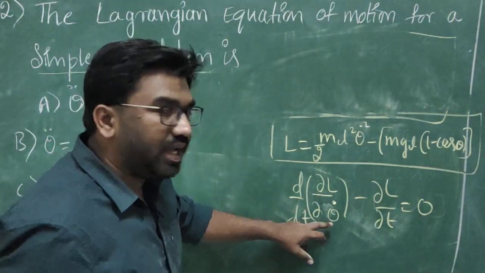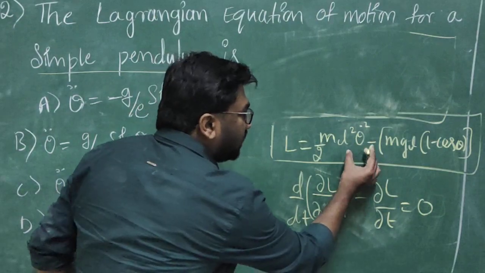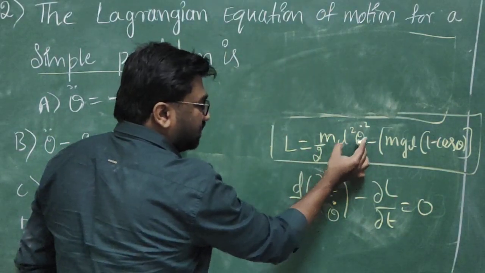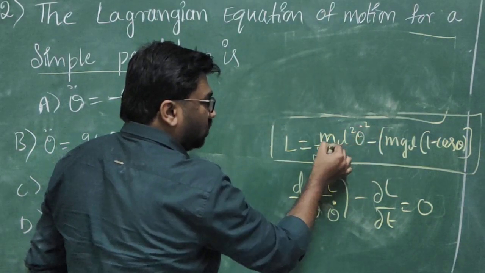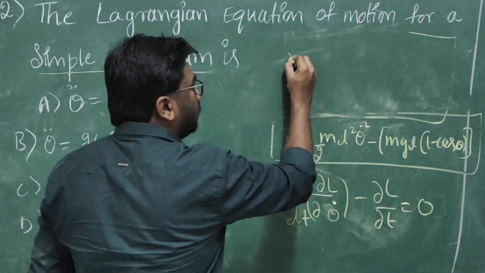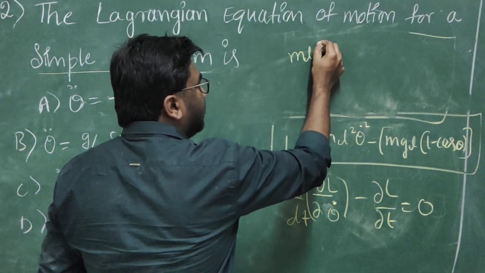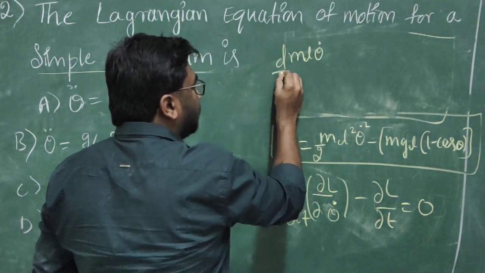Now what is dou L by dou theta dot? Differentiate with respect to theta dot. Then the 2 cancels, so we get m L square theta dot, and then d by dt.